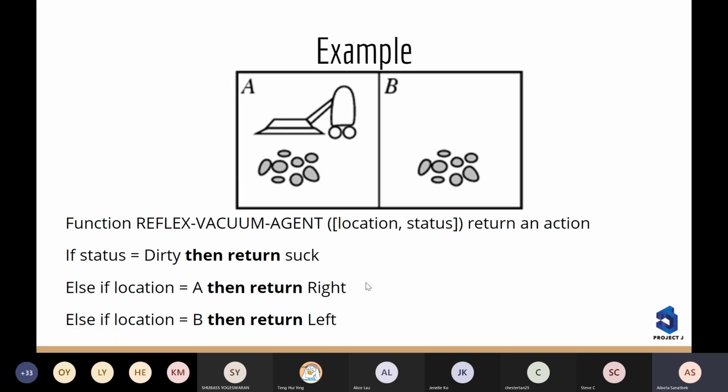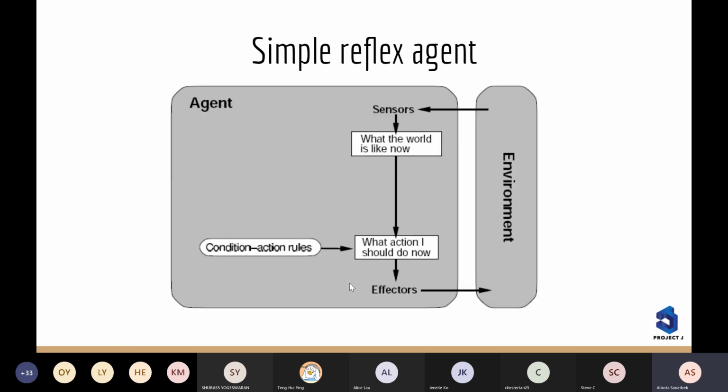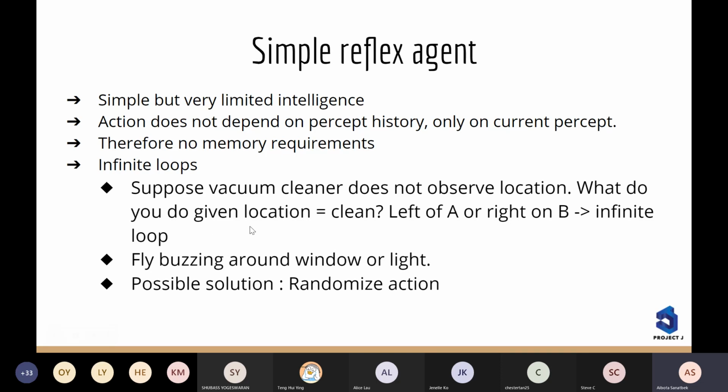Based on this function, it only wants to know if the current location is dirty. If it's not, then it will turn right. And if location B is also not dirty, it will turn left. It will keep doing this because it doesn't know which locations it has already cleaned, so it is stuck in an infinite loop, just like a fly buzzing around a window or light.